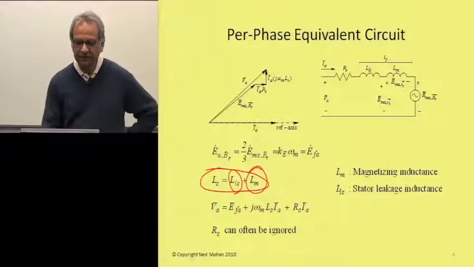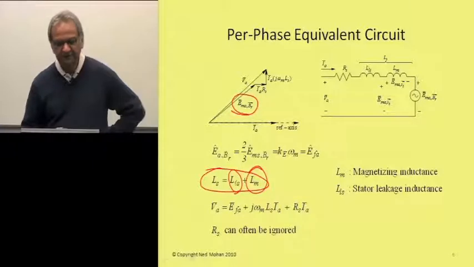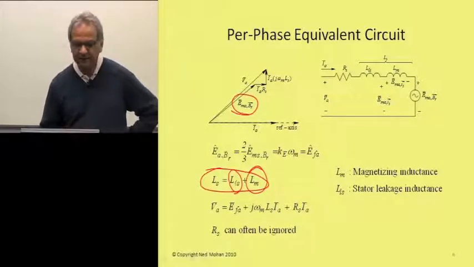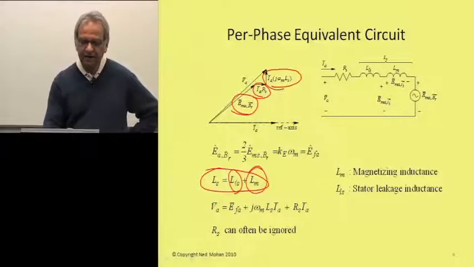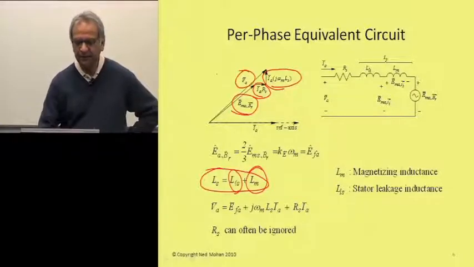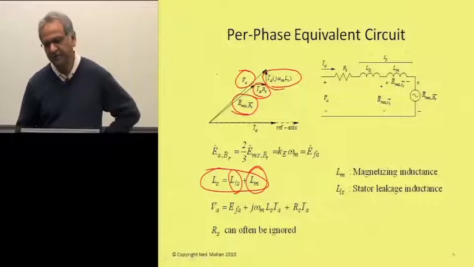In this phasor diagram, this is the induced EMF that we saw in the slide before, but to that we can add the drop due to the stator resistance and the leakage inductance over here, and come up with this applied voltage V sub A phasor.